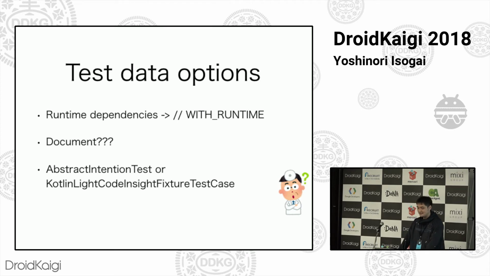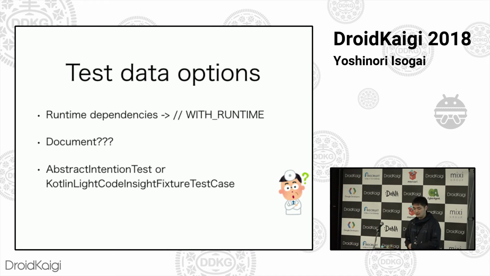Actually, I haven't explained this, but there are so many options for creating test data. For instance, when we need runtime dependencies, we add a with-runtime comment at the top of the test data file. Since there are many options, you want to read the documentation, right?